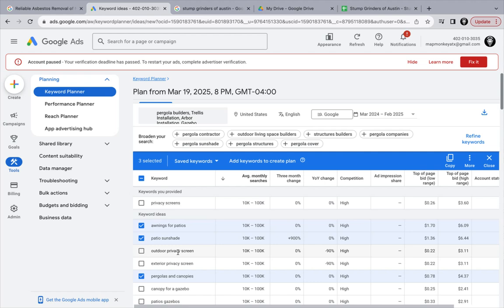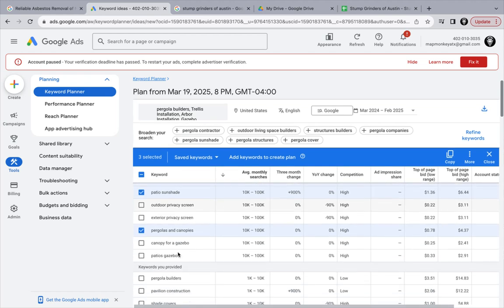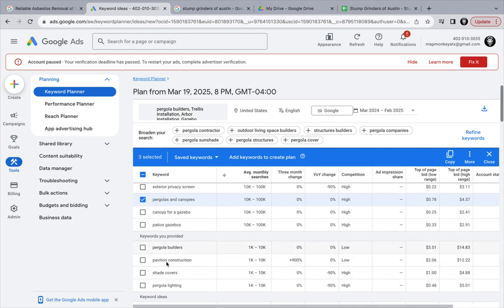But from there, you're going to start planning out your supporting services, the services that you also provide that have to do with that main keyword. So you have this big long list of services that you provide.